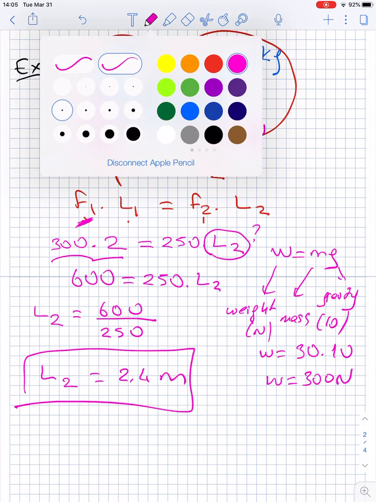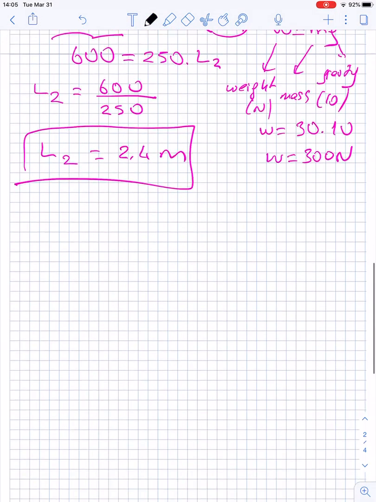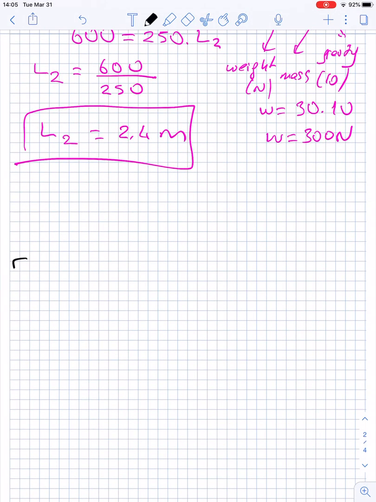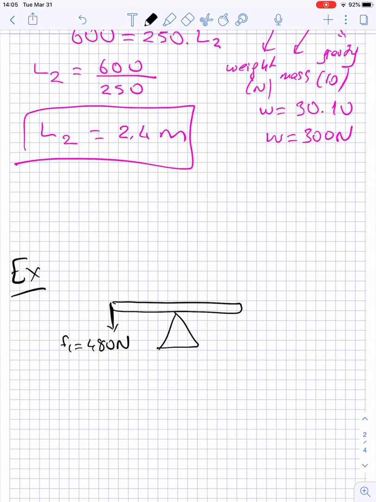Okay, I continue with the second example. Similarly, this is my second exercise. Again, I will draw a lever arm. This is my pivot. First side, I have F1 is 480 Newtons.